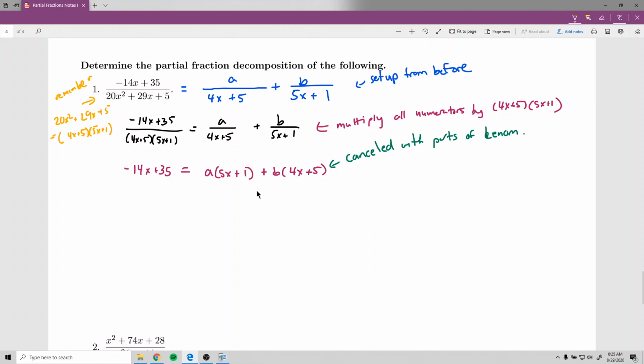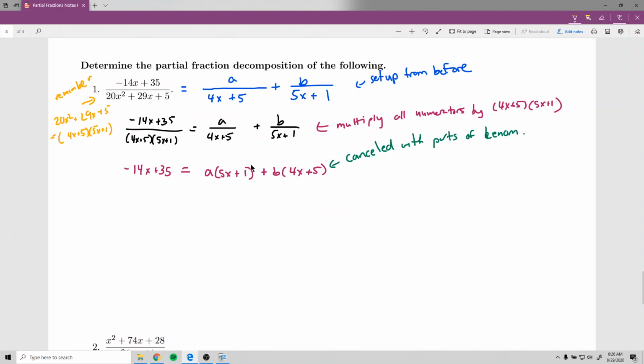And what some people might do, I'll just describe it in words, is they might distribute the a and b through, gather the like terms, meaning find the stuff with just x in it, factor that out and get a coefficient, and then find the stuff without x in it, and then write that together, and then you can set it equal to each part. It's called equating coefficients. I prefer this much easier way, which is because this is supposed to work for every x value, if you plug in a particular x value, your number should still work out.